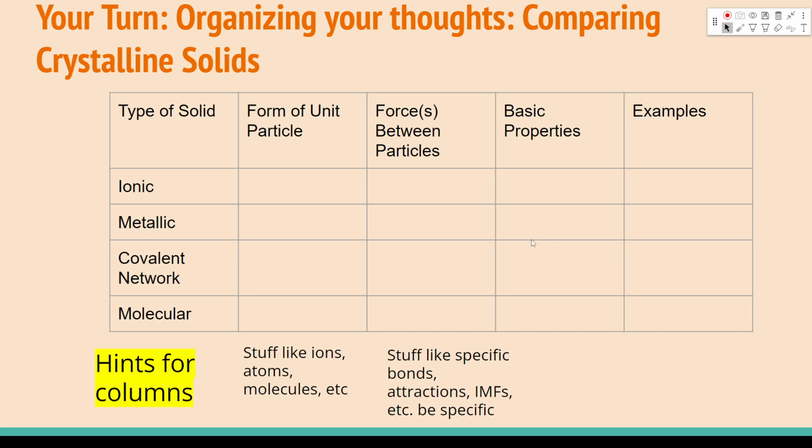Name some basic properties. Again, you need to know why, but just listing the basic properties in general is good. And then any examples you can think of. There's a million examples you can have. So try to fill out this chart because, again, this is based off your knowledge. And then we'll check answers in a few moments. So pause the video.